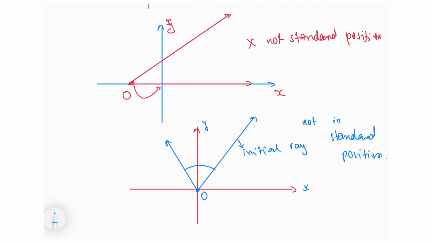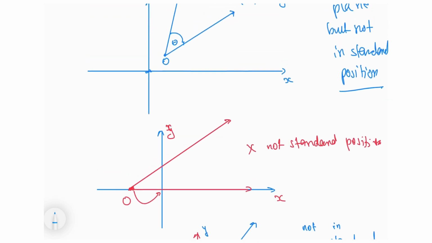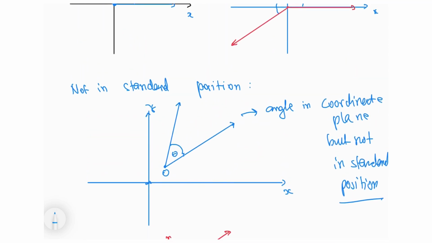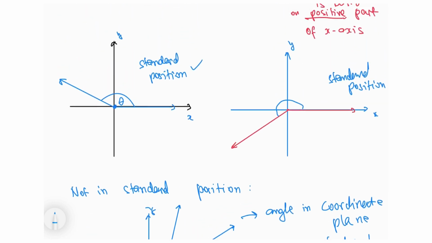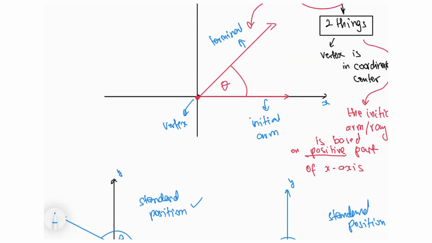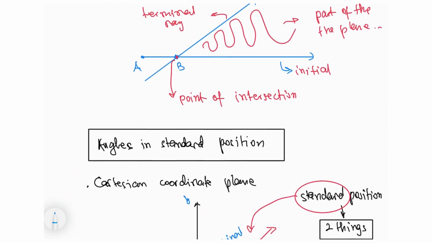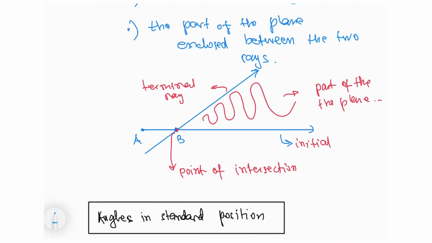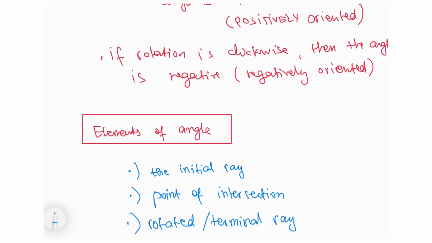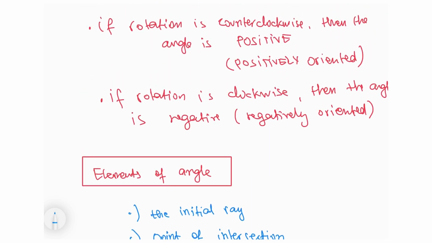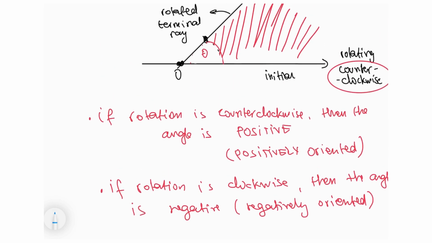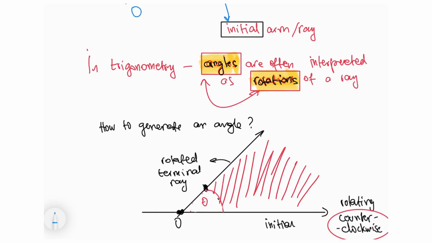We know the elements of the angle, we know what an angle is, and also we have seen what the most important elements of an angle are and how they are related to each other. In the next video, we are going to solve more problems and introduce more concepts. Thanks for watching.